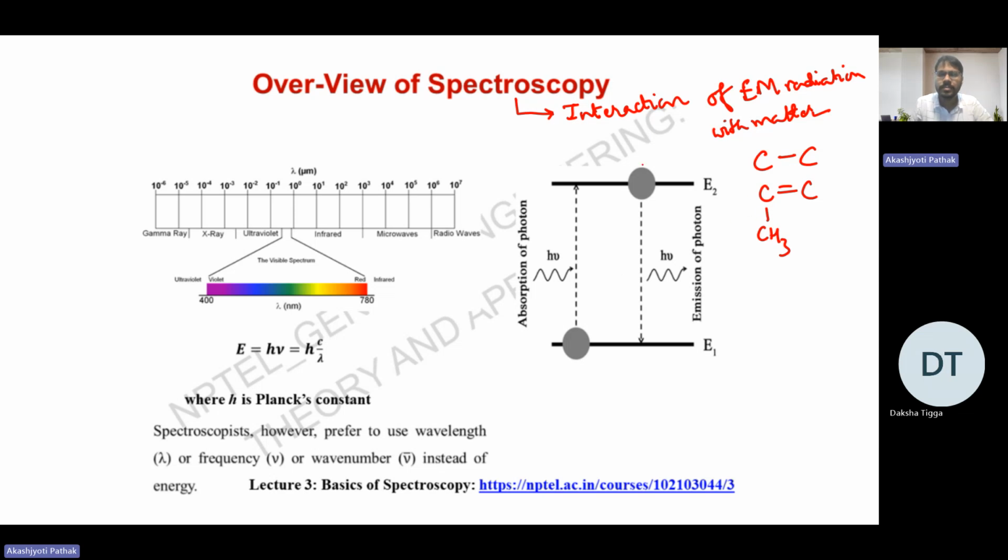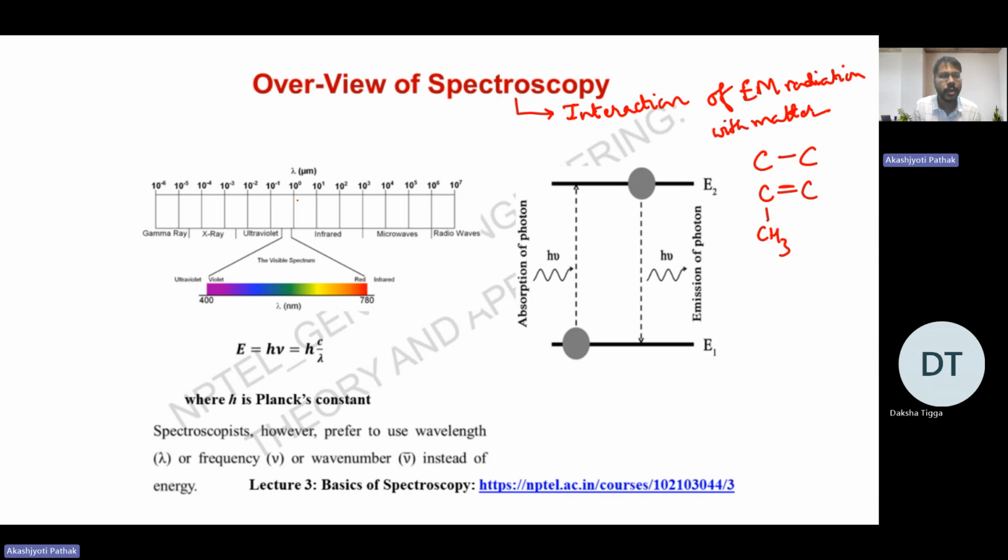So when the energy of the electromagnetic radiation interacts with this matter, it will cause the excitation of electrons from one orbital to the other orbital, and utilizing it, we can characterize the different properties of our molecule.